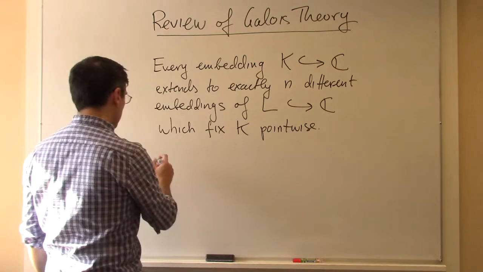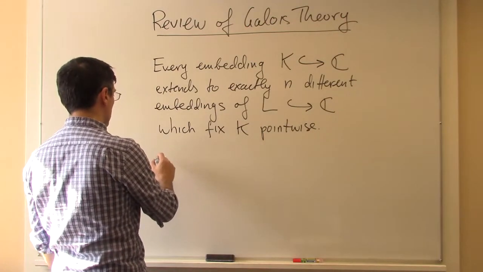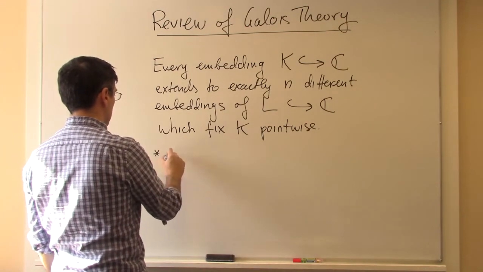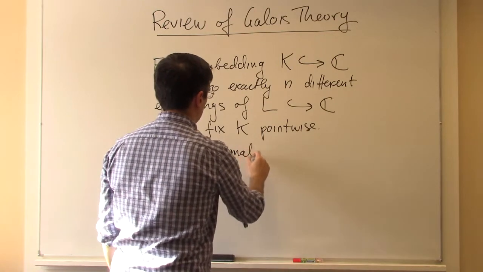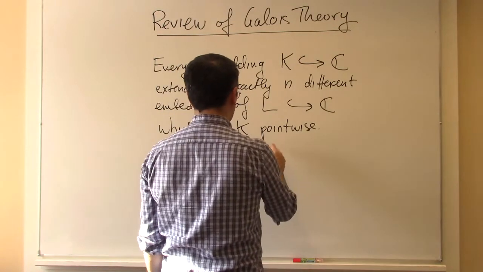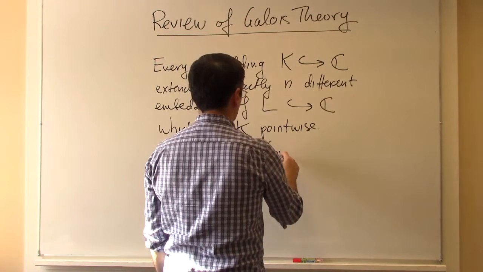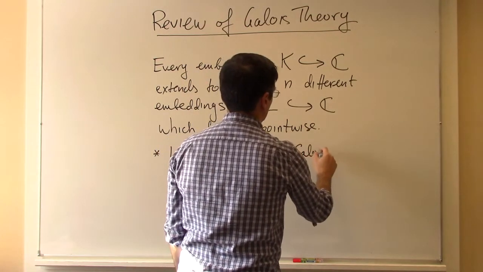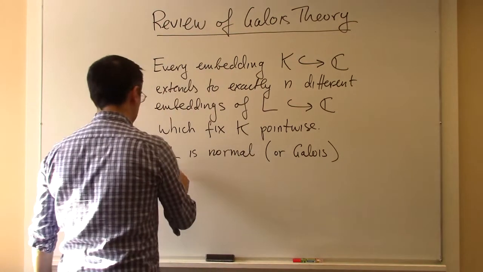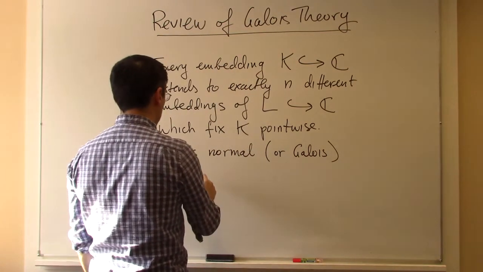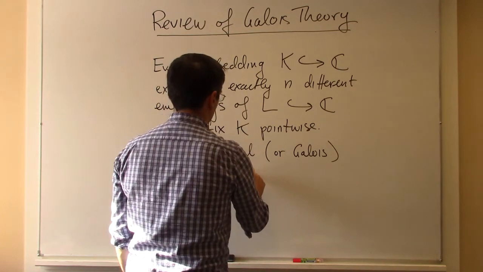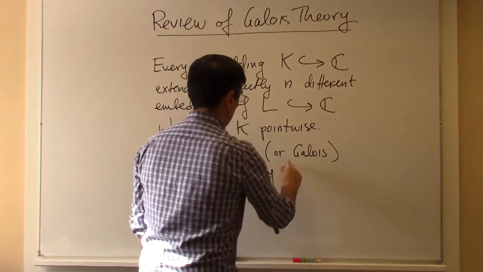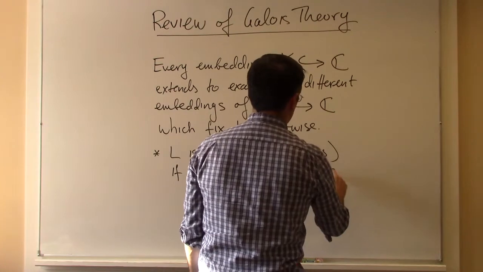And now you say that L is normal. In this case it's the same as Galois. If any embedding of L into C has the same image.